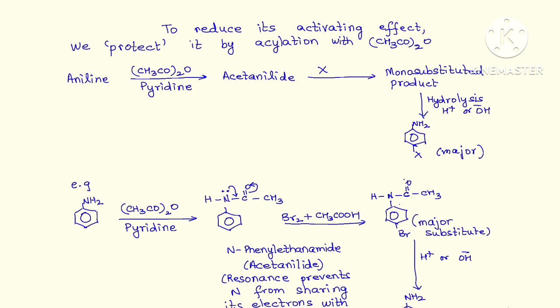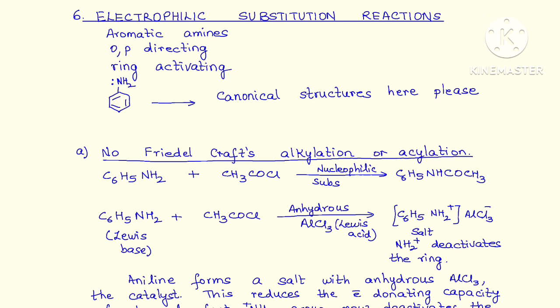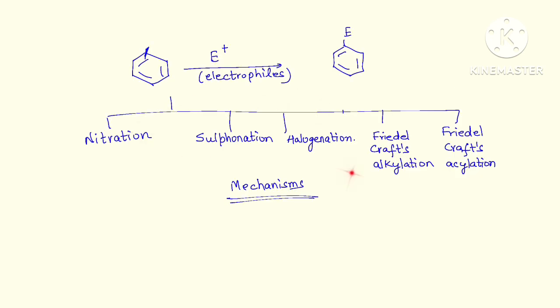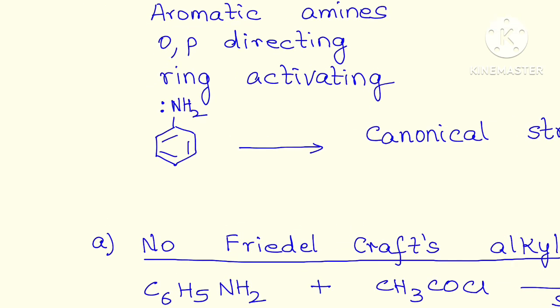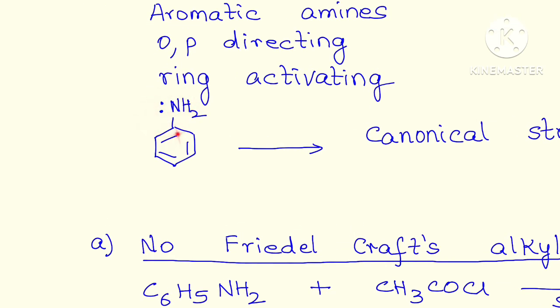Now is the time to understand the electrophilic substitution reactions in the case of amines. Do amines show all of these reactions that we have mentioned? Now as you can see over here, amines, because they are electron rich at the nitrogen atom, they are electron donors, and because they will release electrons towards the benzene ring, it is the ortho and the para sites which become electron rich, and our amino group is ortho para directing.